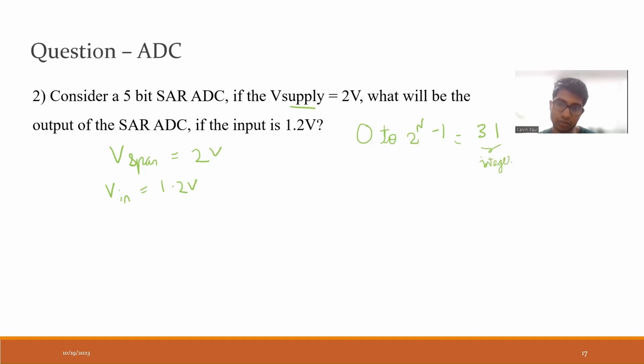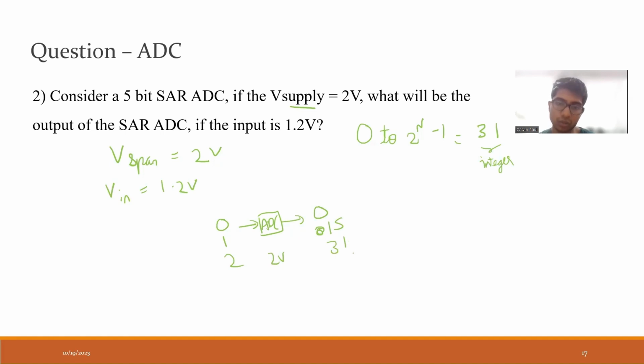Suppose this is my ADC whose span is 2 volt, and this is the digital output. If I give it 0, it will give 0. If I give it 1, it will give a value of 15. If I give it 2, it will give a value of 31.